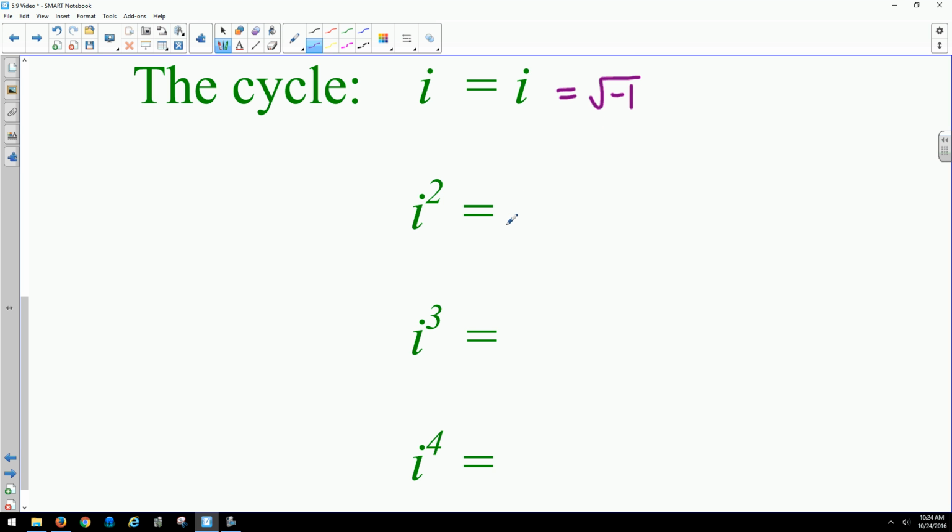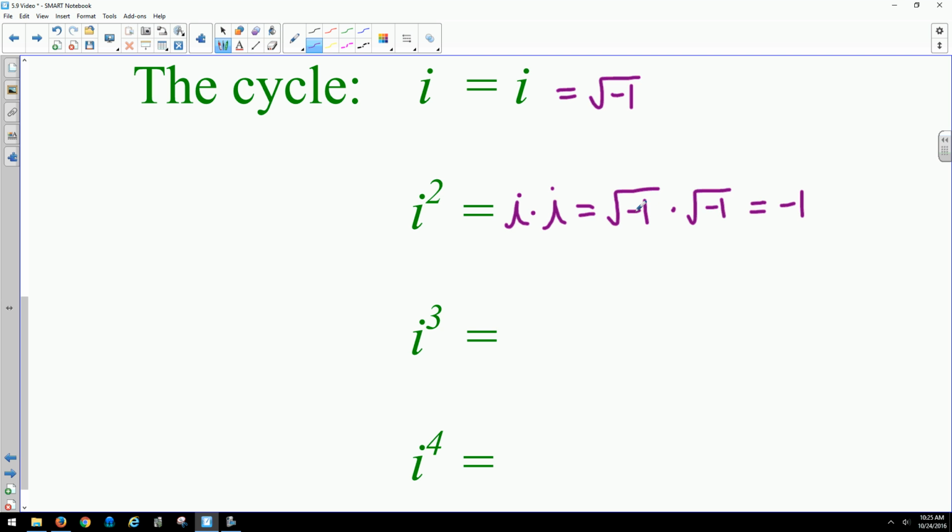So i squared is really i times i, which is the square root of -1 times itself, which is just -1.